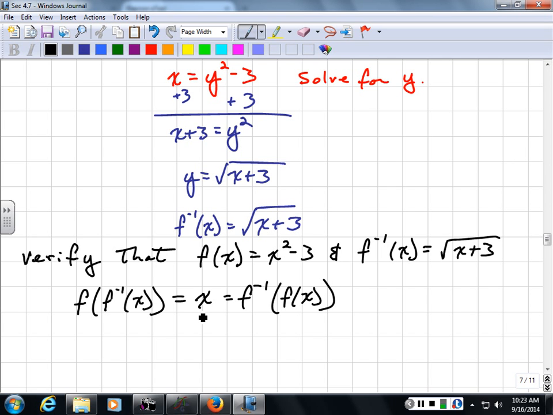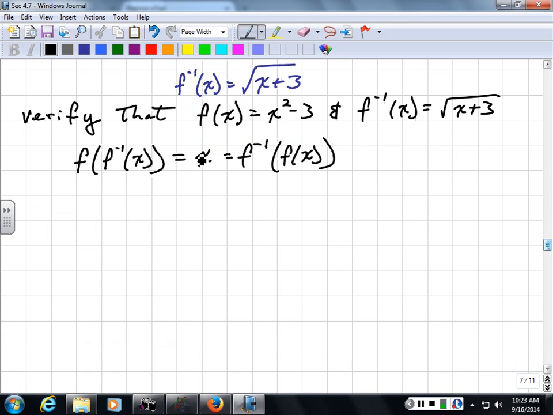Which means I'm doing what? Composition of functions, right? So, I know that we've forgotten what f of x is, but f of x is equal to x squared minus 3, and we determined that f inverse of x is equal to the square root of x plus 3.